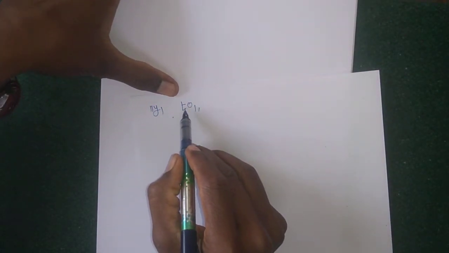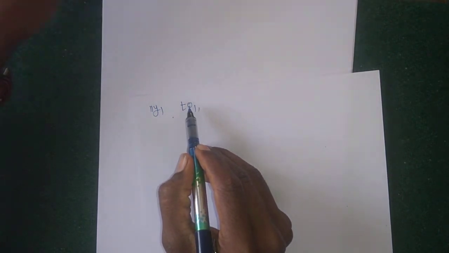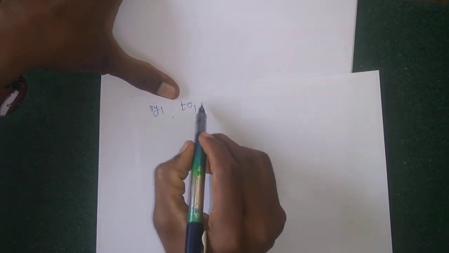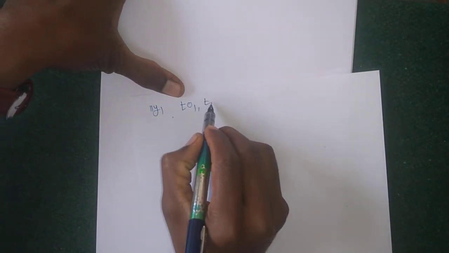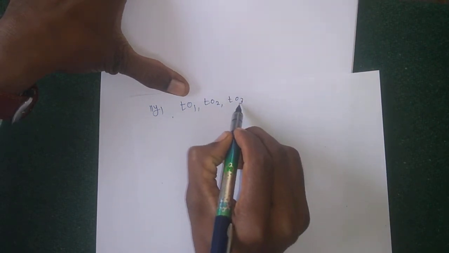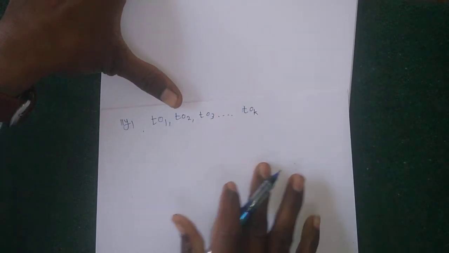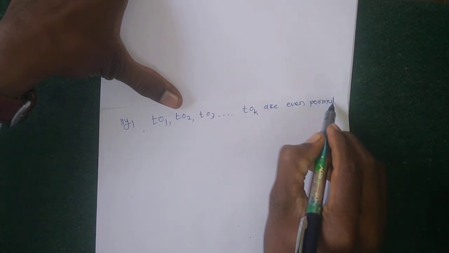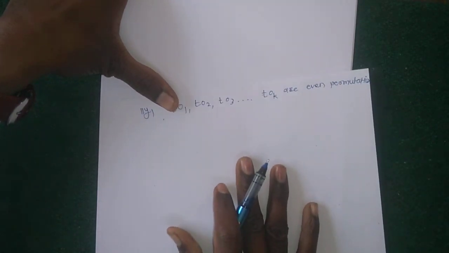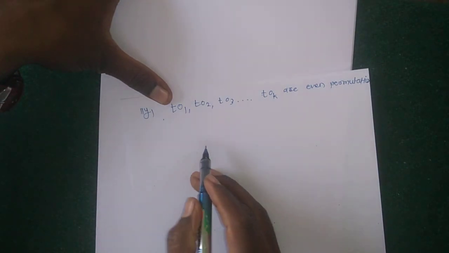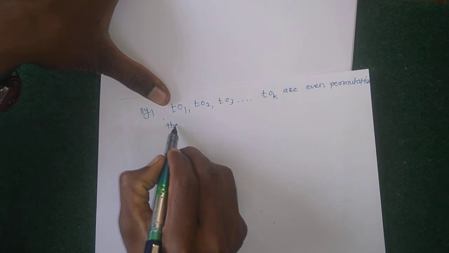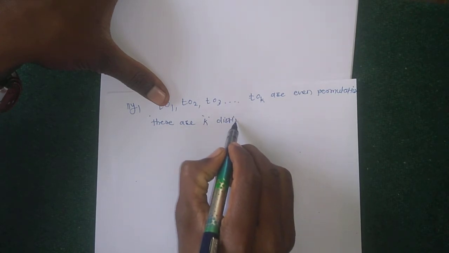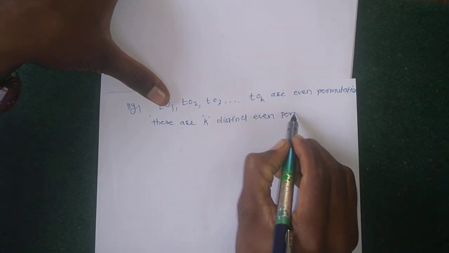O1 has an odd number of transpositions, and one more transposition is added, so odd plus 1 equals even. Therefore these are even permutations. TO1, TO2, TO3 and so on up to TOK are even permutations, and these are k distinct even permutations.